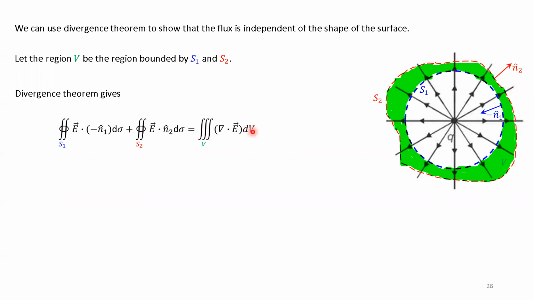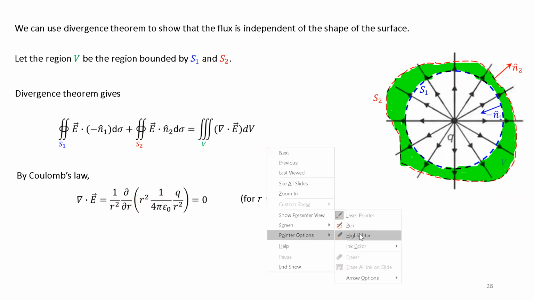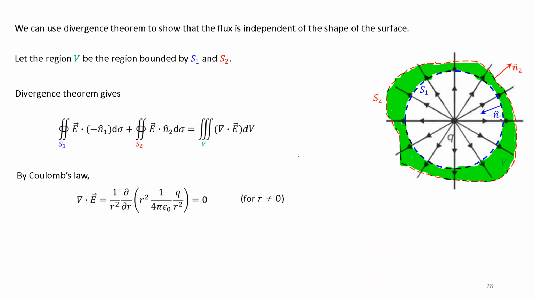Now we need some knowledge about the properties of the electric field, which is Coulomb's law. Once you know Coulomb's law, you know what the divergence of E is, using the formula that I mentioned last time. Let me remind you what E is. E in spherical coordinates is this one.